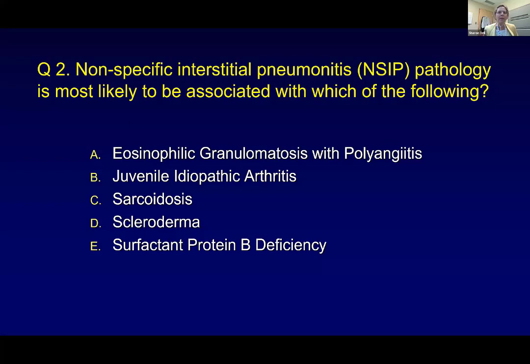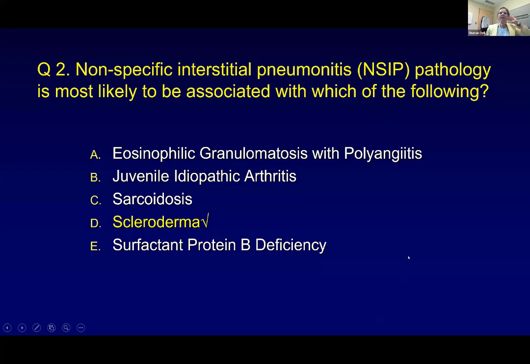Okay, so let's see the winner here. 41% of you said scleroderma, 34% said JIA. So the correct answer is scleroderma. Okay, that's the most common cause. You certainly could see NSIP with JIA, but it's not typical.